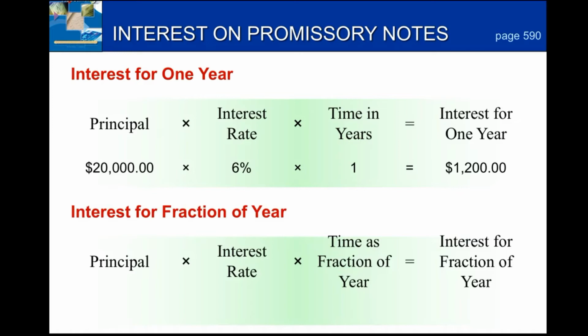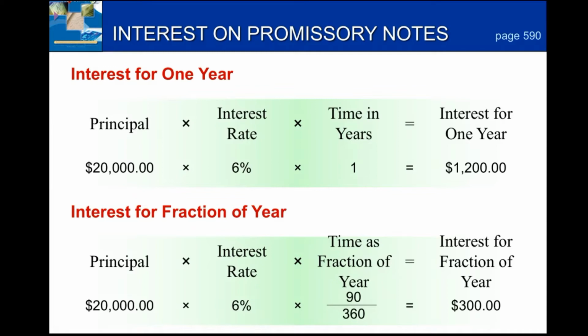Interest for a fraction of the year works the same way. So $20,000 times 6% times 90 days divided by 360 days would equal $300.